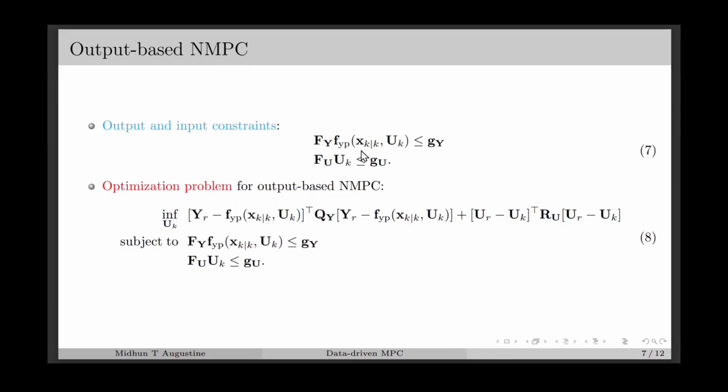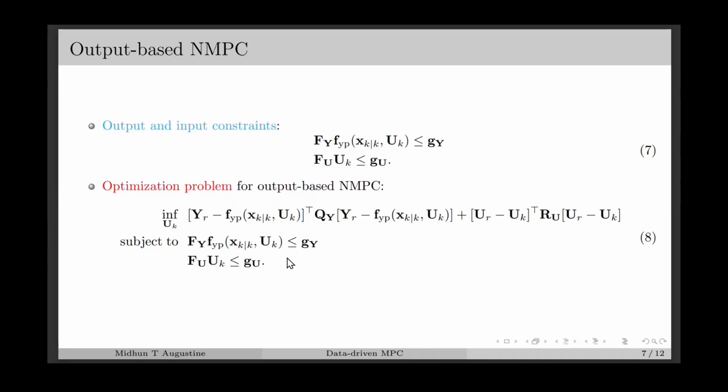The output and input constraints can be rewritten as in equation number 7. The optimization problem for output-based NMPC can be represented as in equation number 8, where the cost function will be a nonlinear function of the input sequence UK, and we have to minimize this cost function subjected to these constraints. The constraints are also a function of the input sequence UK.